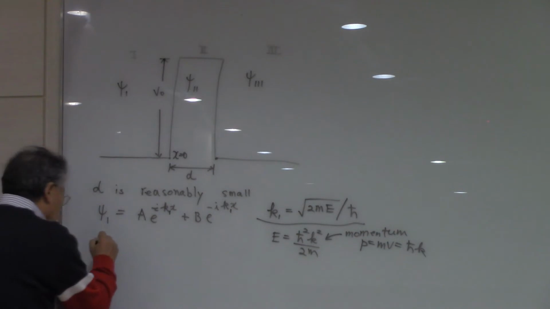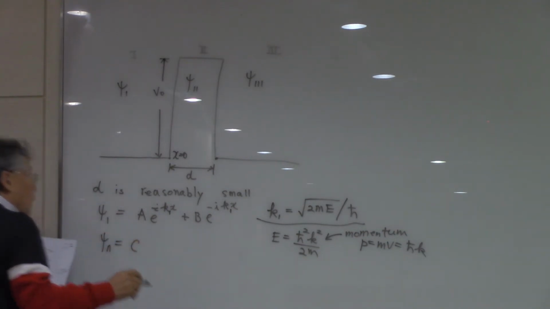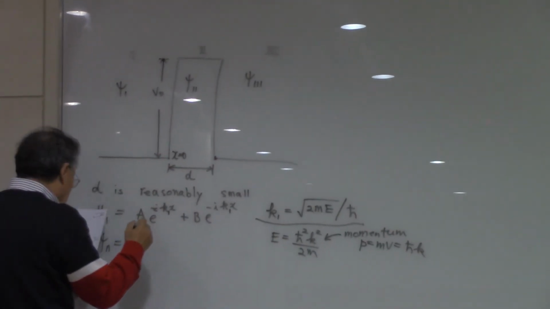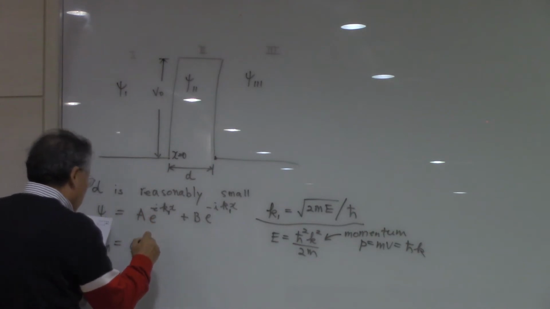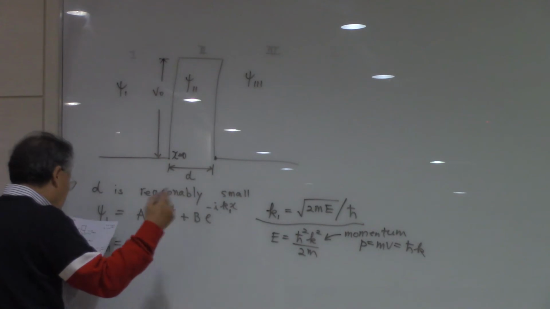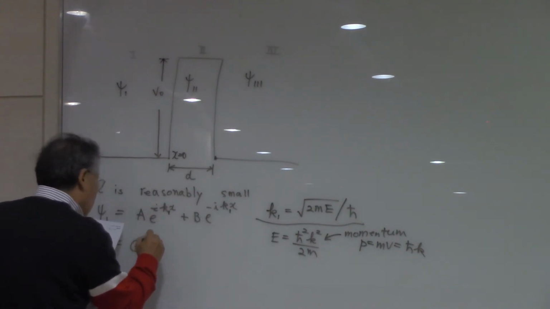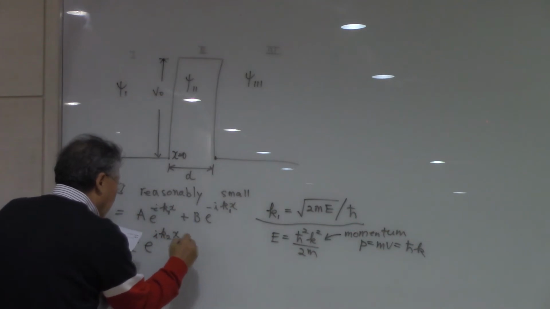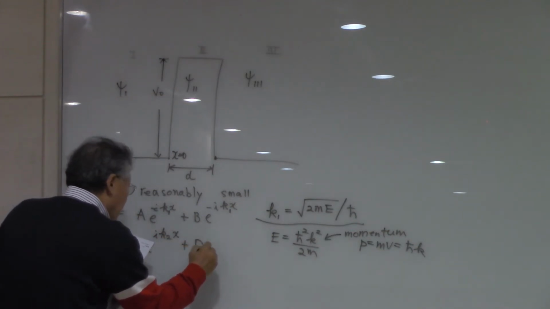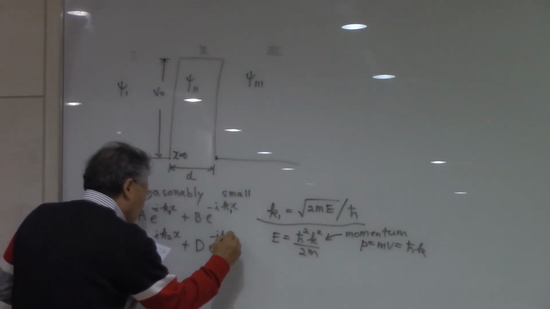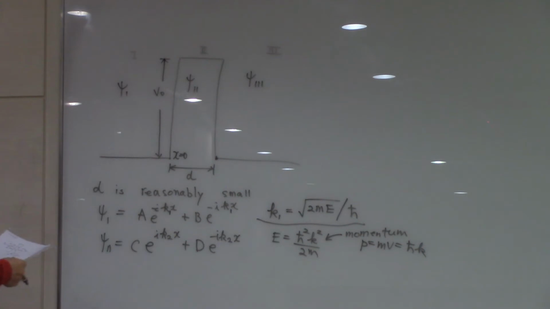Now psi 2 also has the reflection at x equal to d. It consists of two waves, moving toward the positive x and the negative, with k2 x, something like that, right?